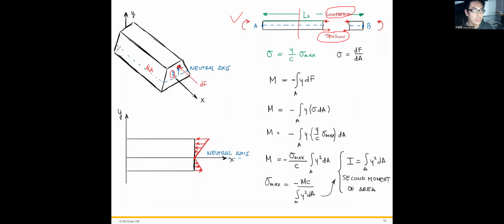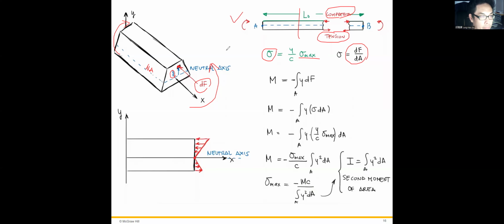During the bending in this direction, there must be a load applied to this small area. And the stress on this small area equals dF divided by dA, from the definition of stress. And previously we already know the stress from the bending equals Y over C times the maximum stress.